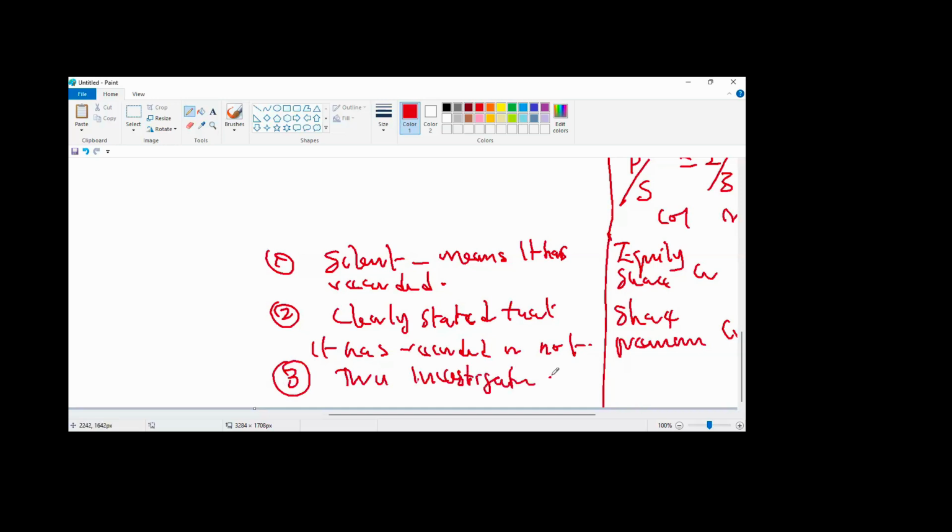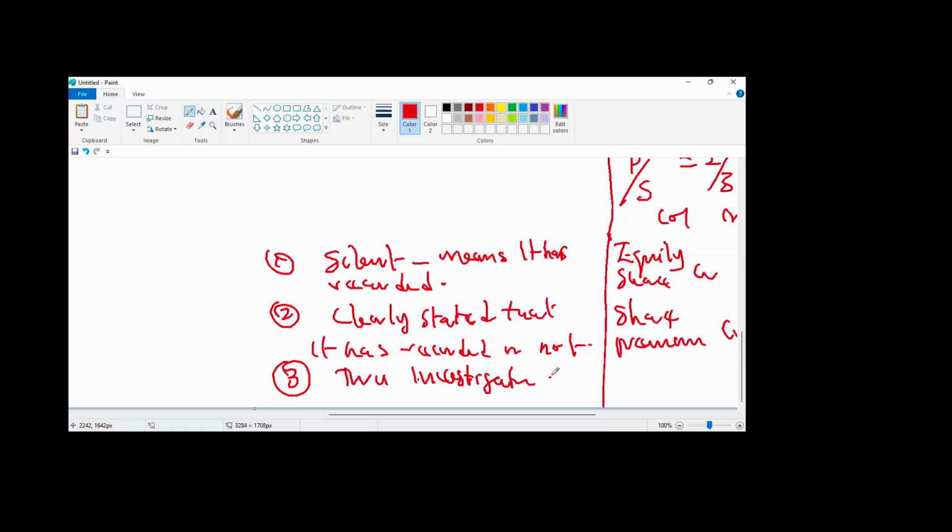These are the three ways you can know it is recorded or not. When the question is silent, it's recorded. But it will clearly tell you if it does not want to disturb you. And third one, through investigation.